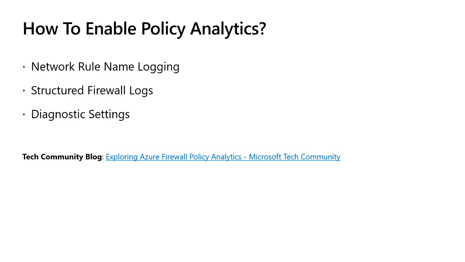The second one is the structured firewall logs enabled. And the third one is the diagnostic settings configured, sending the logs to the log analytics workspace and using the new resource-specific tables. If you want to learn more details about how to enable each one of these items, please check out our blog post published early this week in our tech community.